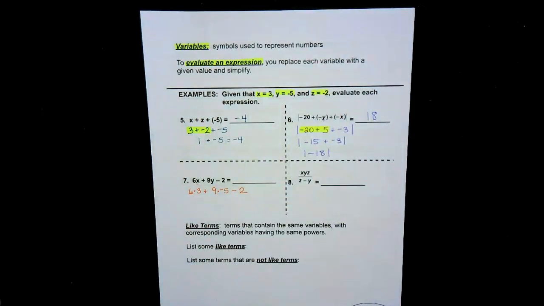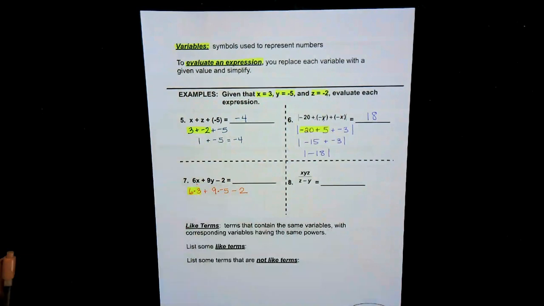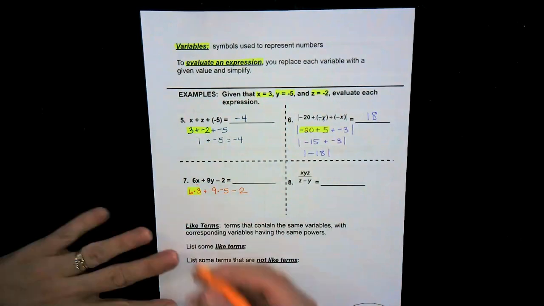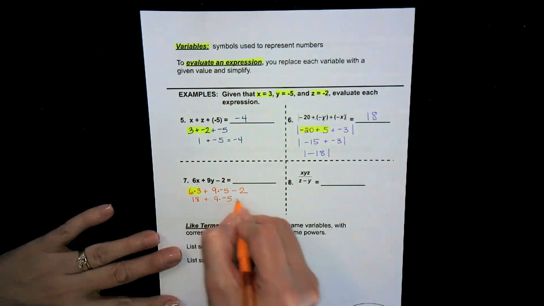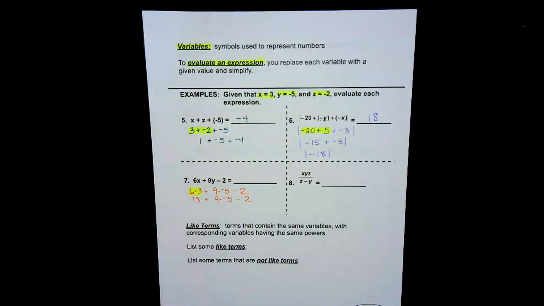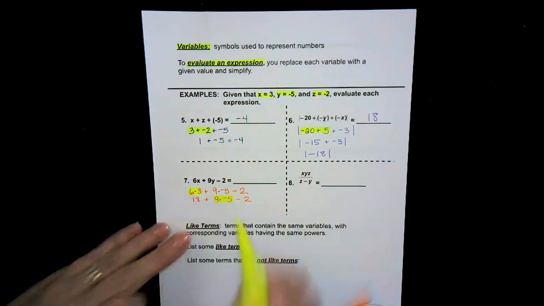Now remember, order of operations tells us we have to do the multiplication before we do the addition or subtraction. So I'm going to do this part first. 6 times 3 would give me 18. Rewrite the rest of the problem. Then we do the next multiplication.